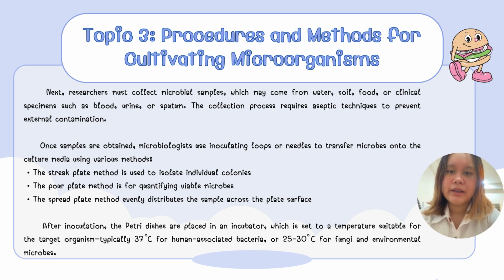After inoculation, the petri dishes are placed in an incubator which is set to the temperature suitable for the target organism, typically 37 degrees Celsius for human-associated bacteria, or 25 to 30 degrees Celsius for fungi and environmental microbes.